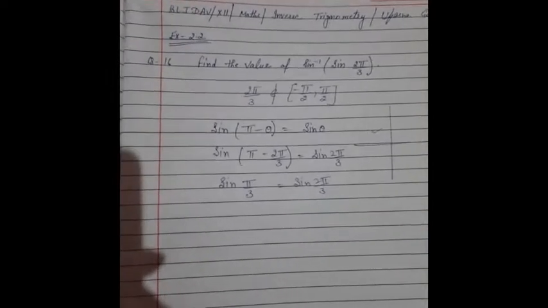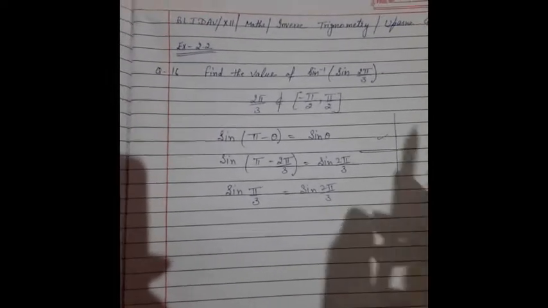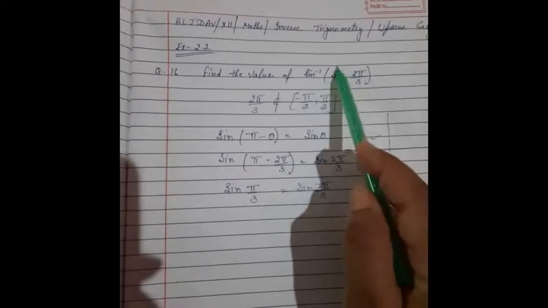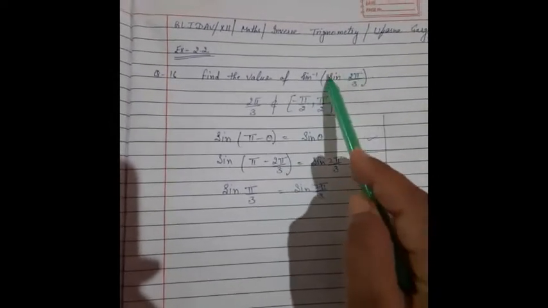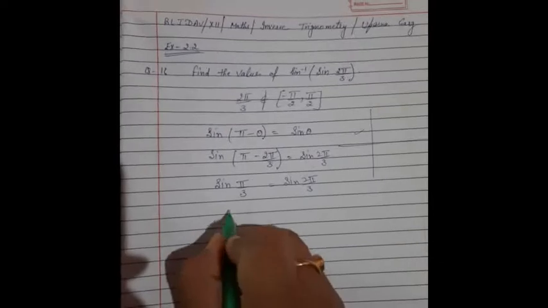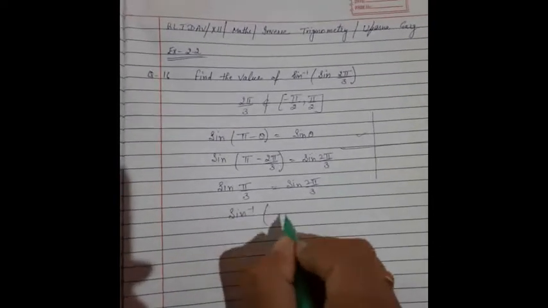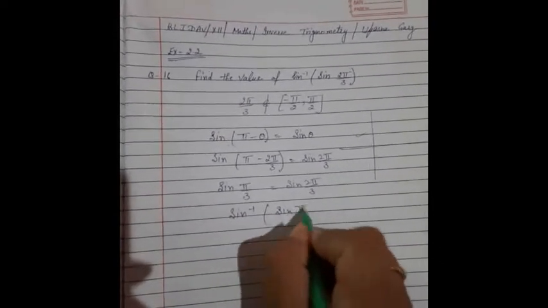The value of both will be the same. So you can put sine pi by 3 at the place of sine 2 pi by 3, that means sine inverse of sine pi by 3.